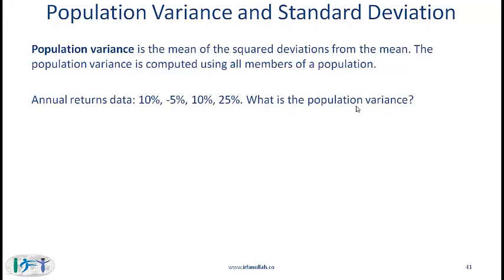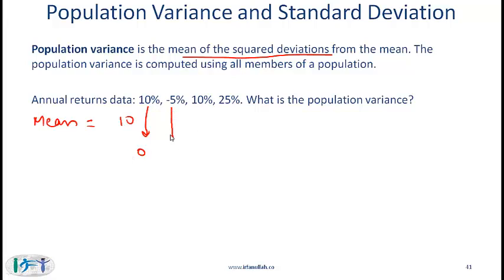In a few slides, I will show you the formulas, but at this stage, let us understand the concept. We are essentially looking at the deviation from the mean. So obviously the first thing to do is to compute the mean, which we have done earlier. The mean is equal to 10. The next thing we do is come up with the mean of the squared deviations from the mean. So what are the squared deviations from the mean? For the first data point, the squared deviation from the mean is 0.